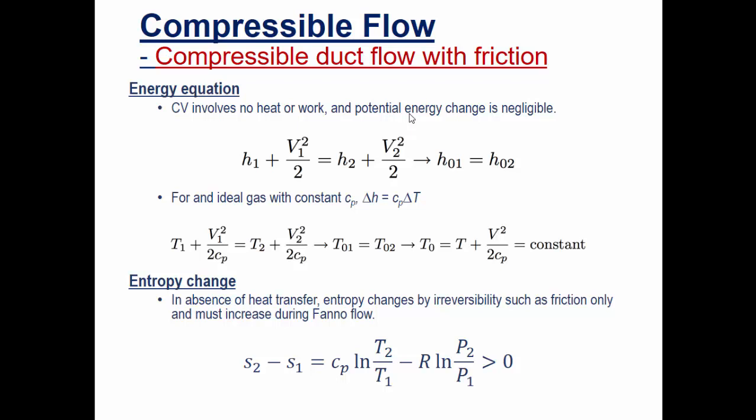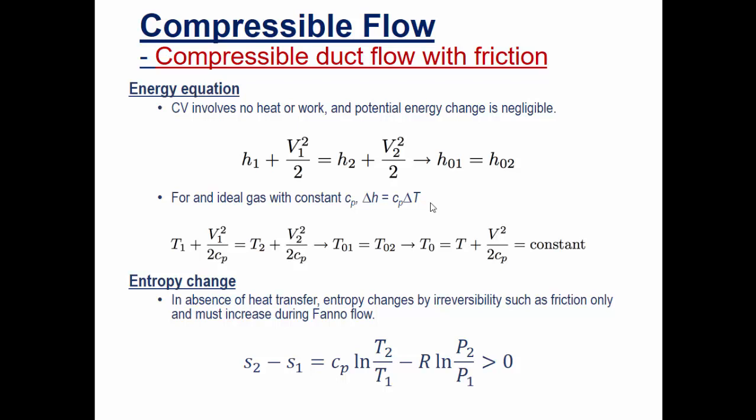And we can represent the stagnation temperature with this expression, where the stagnation temperature is equal to the temperature of the flow plus the square of velocity divided by 2 times the specific heat, which is constant throughout the flow.